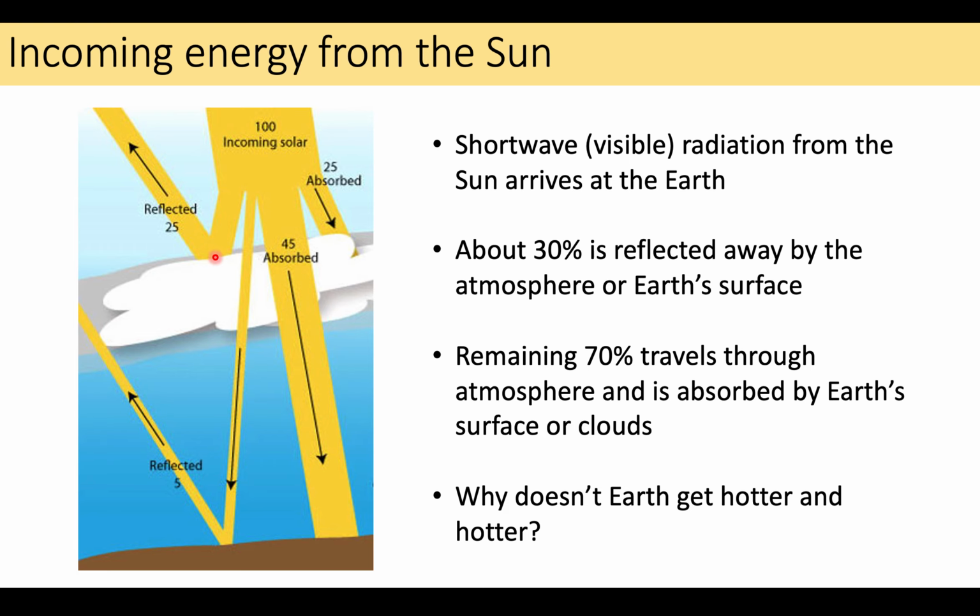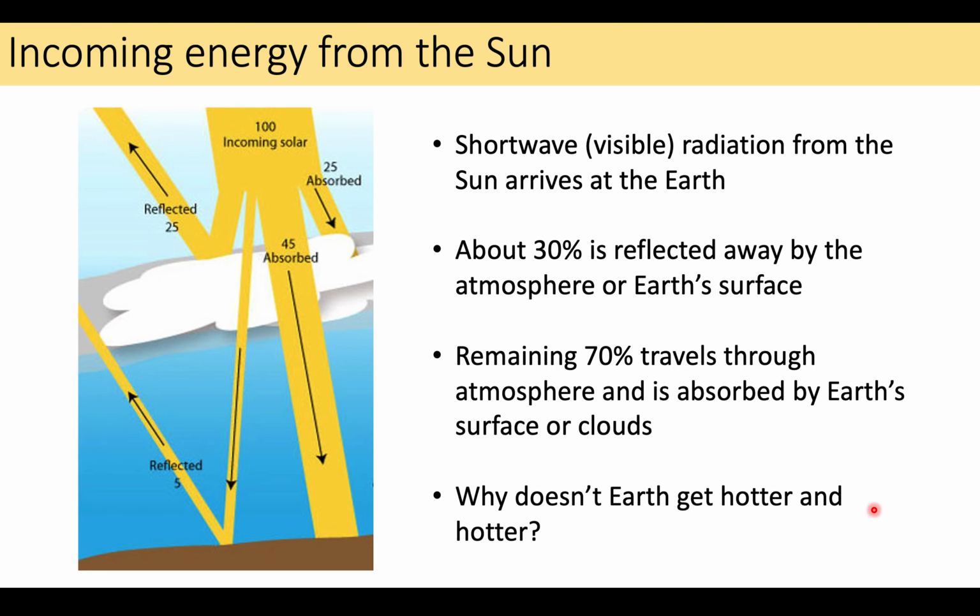About 30% of all of the incoming solar radiation is reflected back out to space. The remaining 70% travels through the atmosphere and is absorbed by Earth's surface.